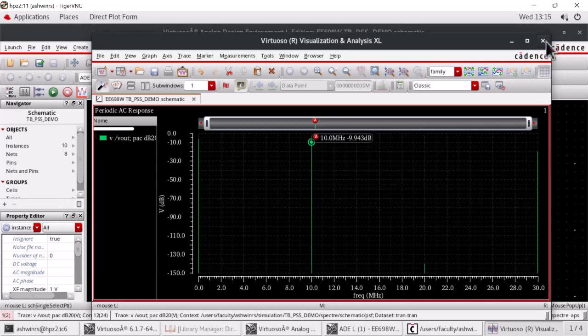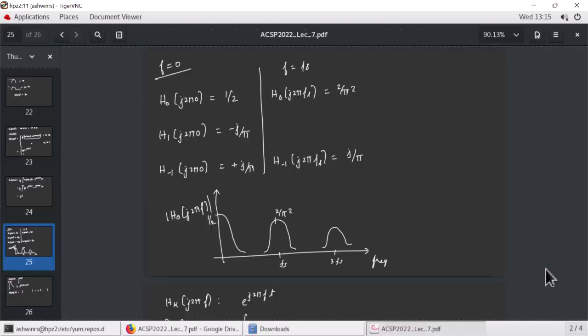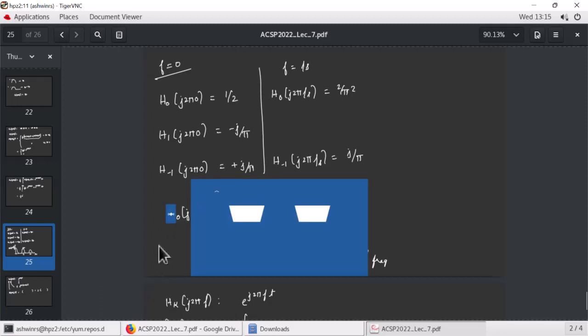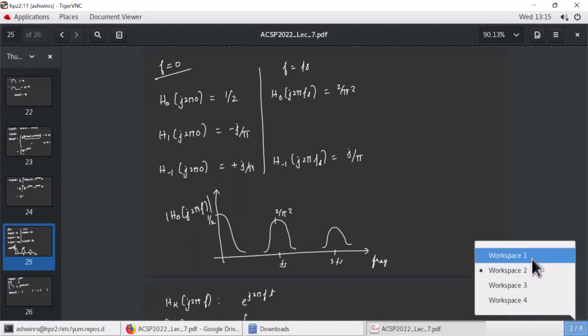Okay. And you can also compute the PAC for a range of frequencies. In the last class we also saw the transfer function, or the frequency response, for the bandpass filter, where I apply a frequency f at the input and observe the response at the output at f, and that was basically H0 of j2πf, right? So let me try to plot this also, and it's straightforward.